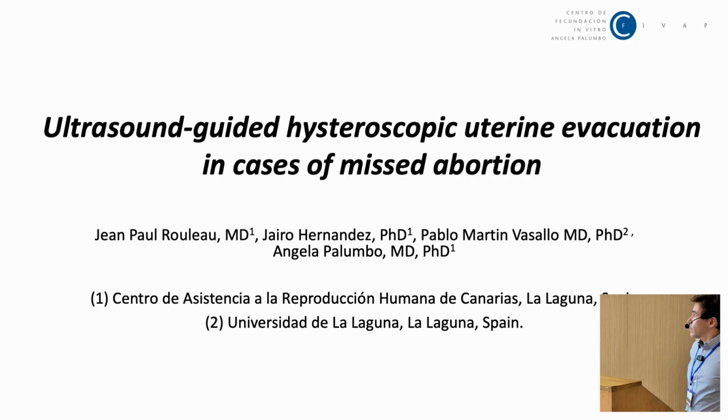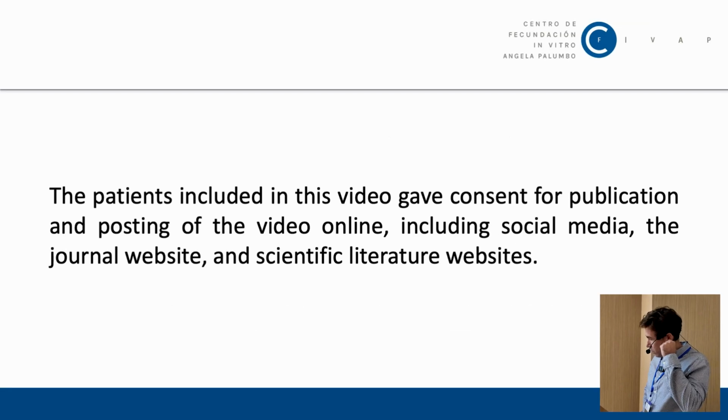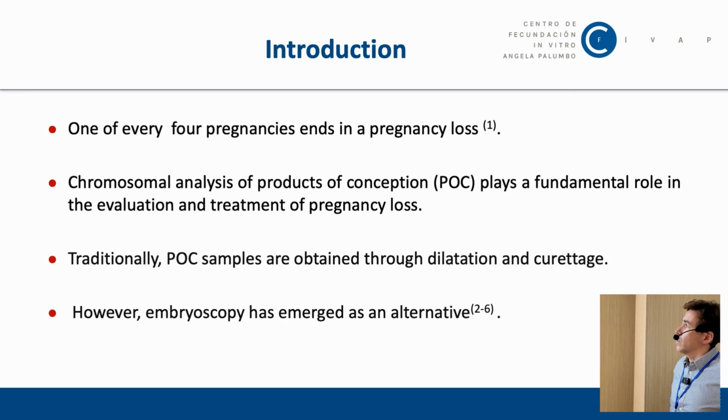Surgical video tutorial about hysteroscopic uterine evacuation in cases of missed abortion under transabdominal ultrasound guidance. Patients included in this video gave consent for publication and posting of the video online. One of every four pregnancies ends in a pregnancy loss. Chromosomal analysis of products of conception plays a fundamental role in the evaluation and treatment of pregnancy loss.